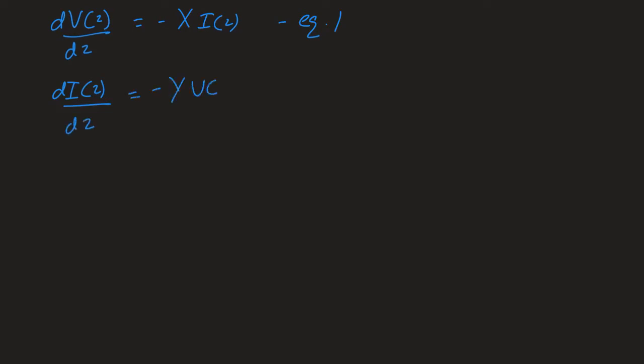The telegrapher's equations were that dV of z by dz is equal to minus X I of z, where X is a lumped parameter. Let's call this equation 1. And the second telegrapher's equation was that dI of z by dz is equal to minus Y V of z. So these are the telegrapher's equations for transmission lines.